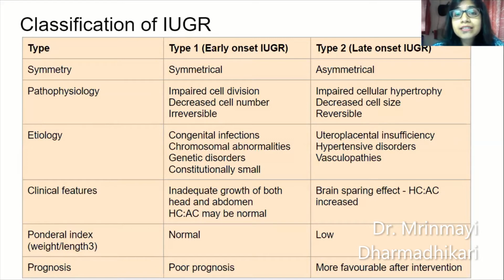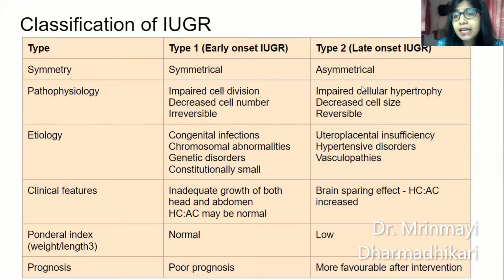So there is impaired cell division, decreased cell number, and generally it is caused by factors which are irreversible. So what are these etiological factors? Congenital infections, chromosomal abnormalities, genetic disorders, and constitutionally small babies. All these factors cause early onset of IUGR.